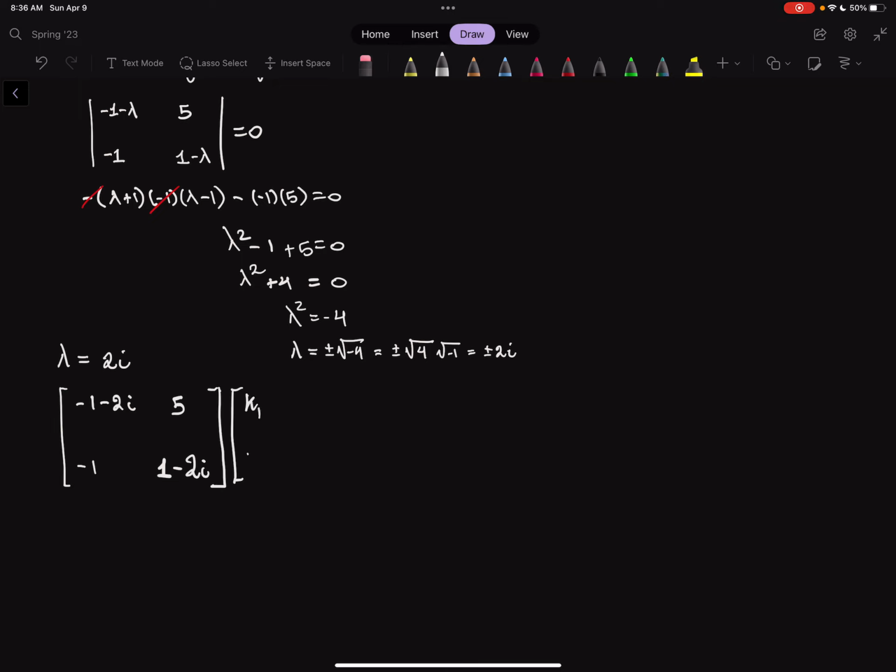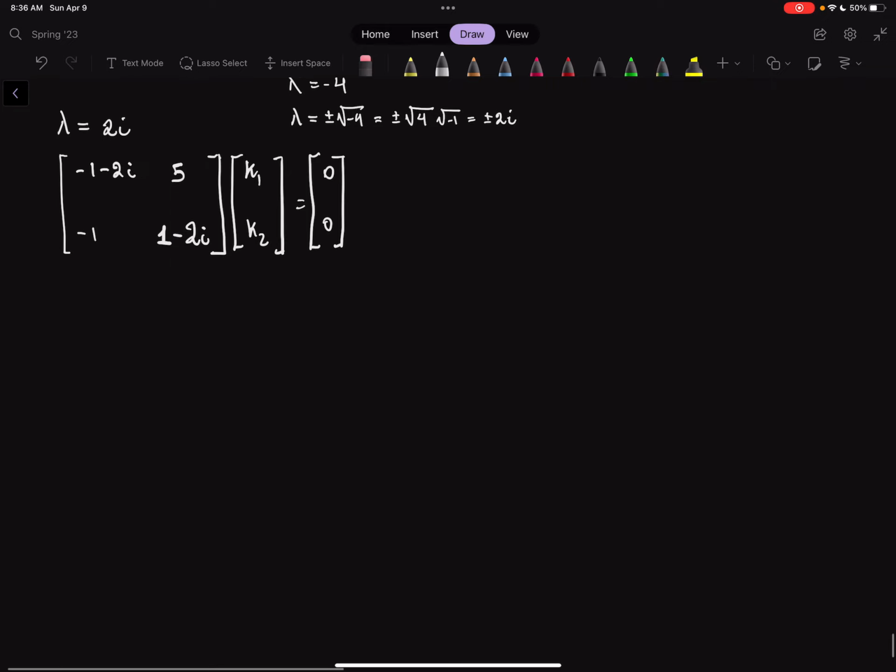Then we get k1 and k2 here, the components of our eigenvector, and that has to be equal to the 0 vector. So now, let's check that these two rows are dependent. So if I write 1 plus 2i by taking out a negative, plus 5k2 equals 0, and the bottom is going to be negative k1 plus 1 minus 2i k2 equals 0.